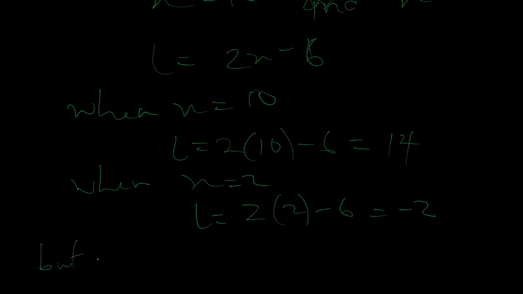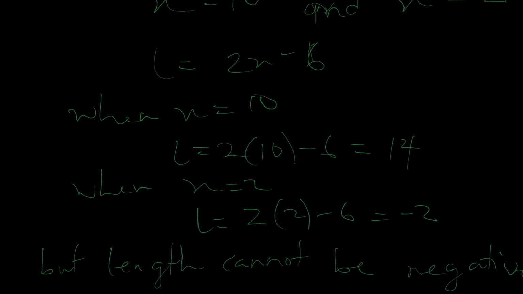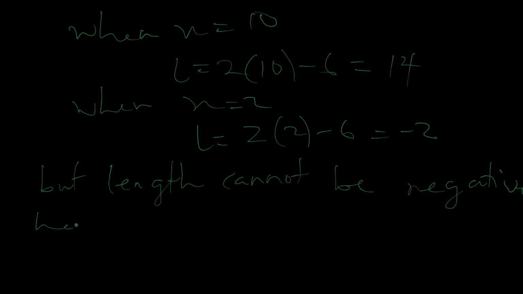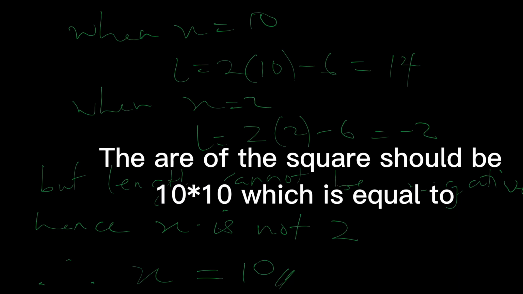But length cannot be negative. Hence, x is not 2, because when x is 2, then we are saying that the length is negative 2. But the length cannot be negative 2. And so, therefore, x is equal to 10. Okay. So that brings us to the end of question 9. So we'll be moving on to question 10.